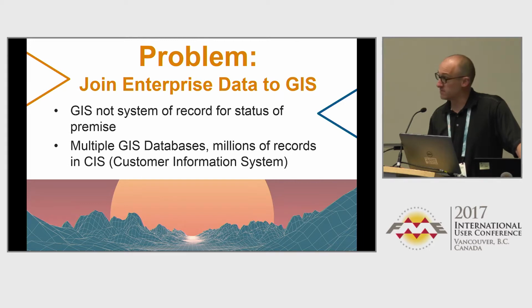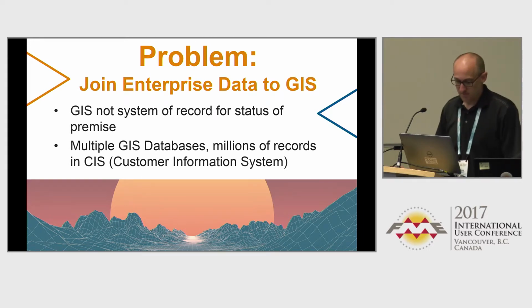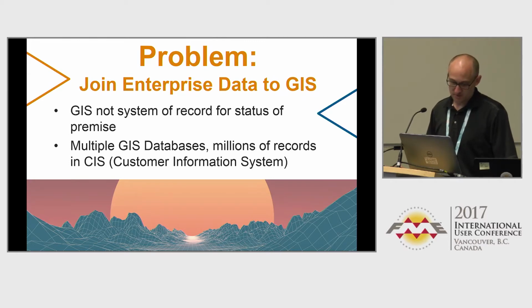But with FME, I can just connect to those data sources and mash up those records and do it within minutes, whereas before it would take hours or days. And again, another issue is that when we're talking about millions of records, it becomes harder and harder to work in GIS.